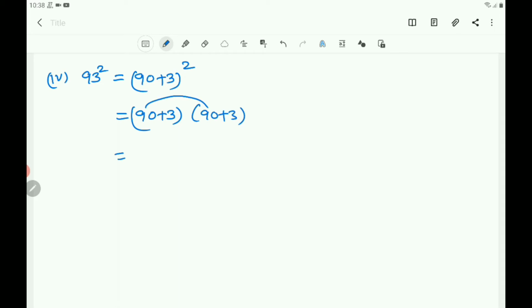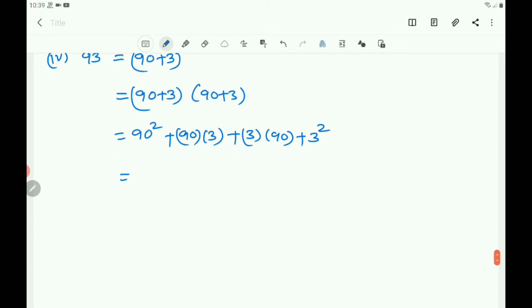The product of 90 and 90 is 90 square, plus product of 90 and 3, 90 into 3, plus 3 into 90, plus the product of 3 and 3, that is 3 square. Then 90 square.